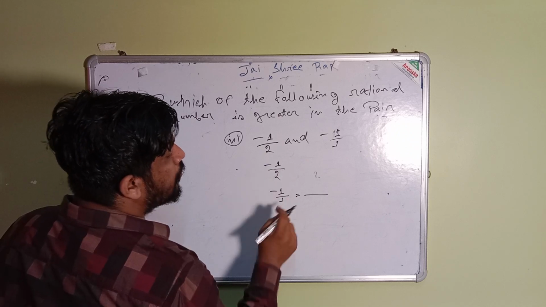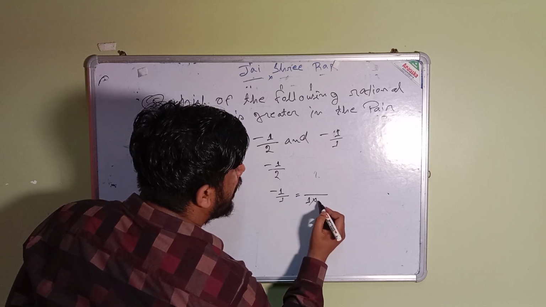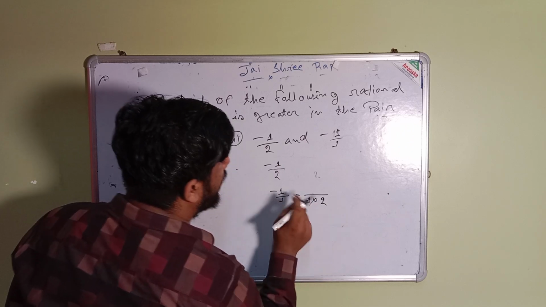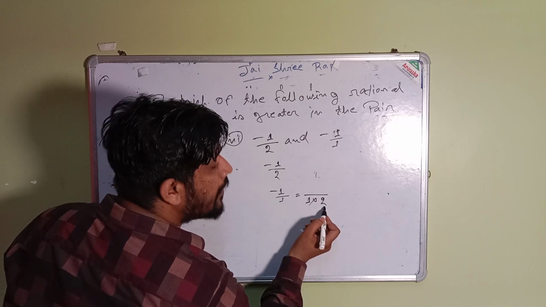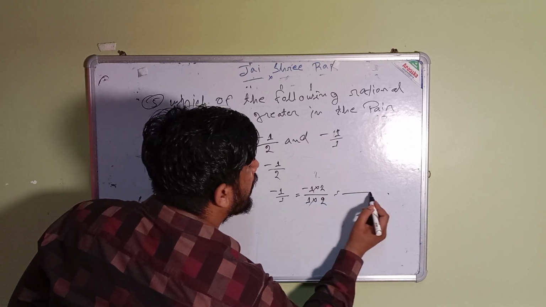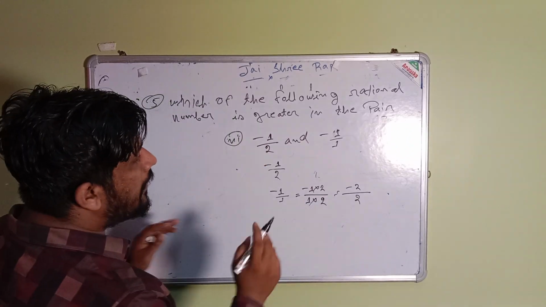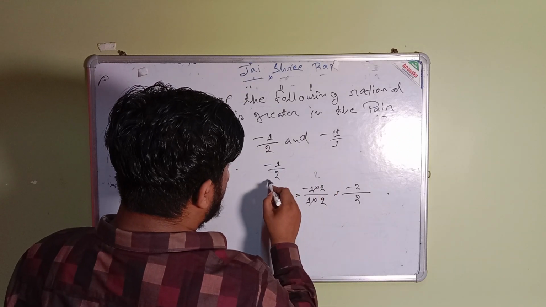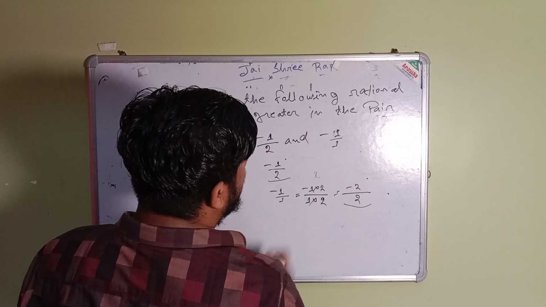Here the denominator is 2, so I multiply the lower one with 2, and the upper one is also multiplied with 2. 2 ones are 2 and the upper one is minus 2. So here the problem is minus 1 by 2 and minus 2 by 2.